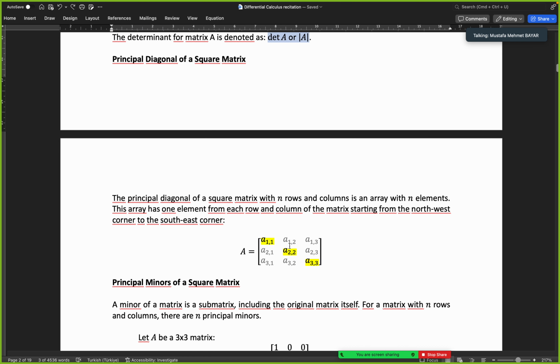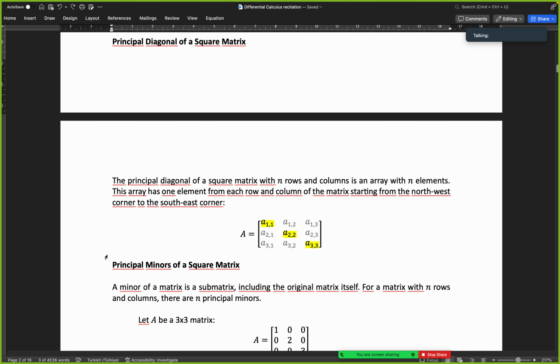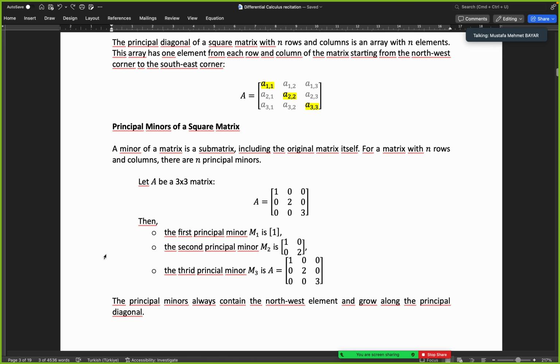Then we talked about the principal diagonal. It starts with the northwest and ends up with the southeast corners. And we also talked about the principal minors. So you always keep the first element in the principal diagonal and grow around it slowly. The first principal minor is the northwest element.